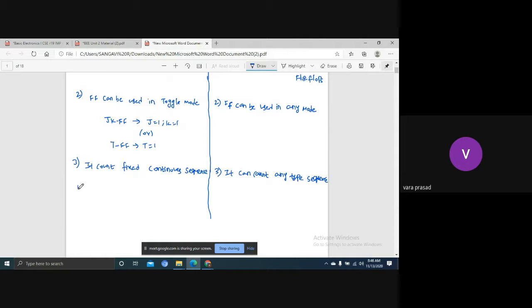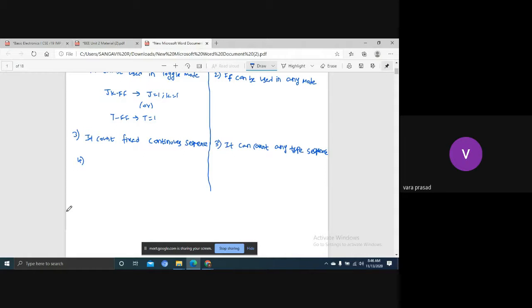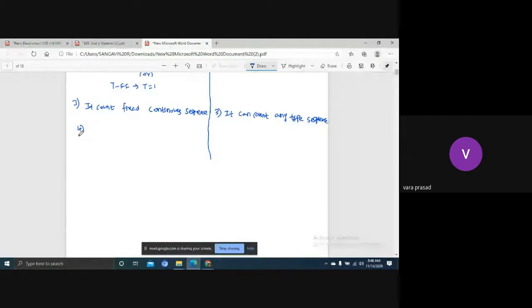Next, fourth one. Very important thing. Here clocks are different, that's why delay is high. Here the delay is less.